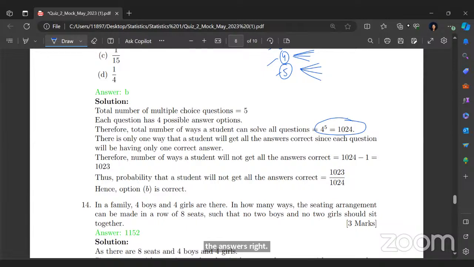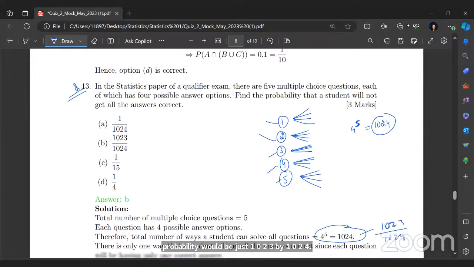So if you reduce 1 from there, the total number of ways was 1024, you will get 1023. So the probability would be just 1023 by 1024, right? So you have option D as right. Is this okay? Yes, ma'am. Okay.